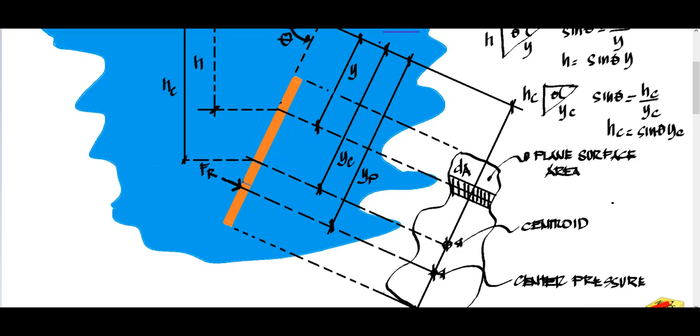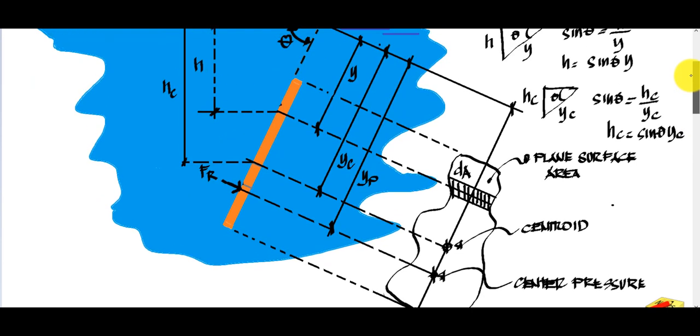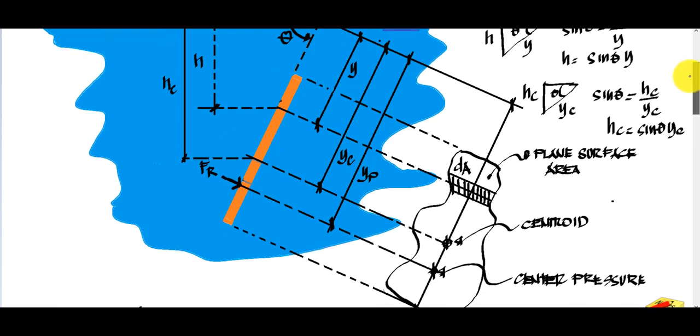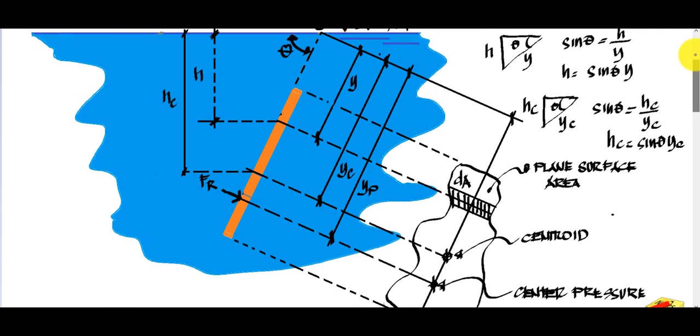The vertical location of the line of action is determined by equating the moment of the resultant force to the moment of the distributed pressure about the x-axis. So equating, we have your moment from the horizontal force for the resultant force here, with the corresponding distance, which is your Yp.